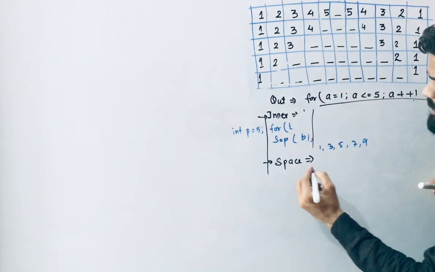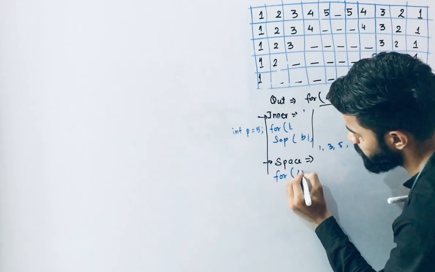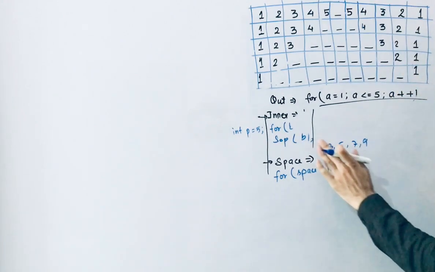So for printing space, I am again going to write here for space equal to 1. Clear?